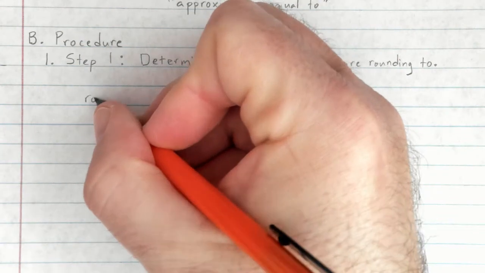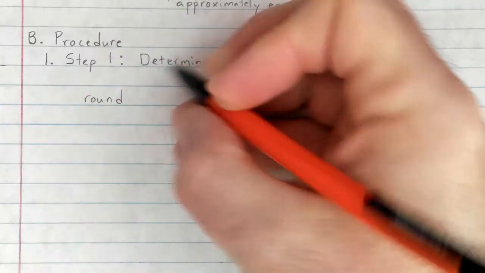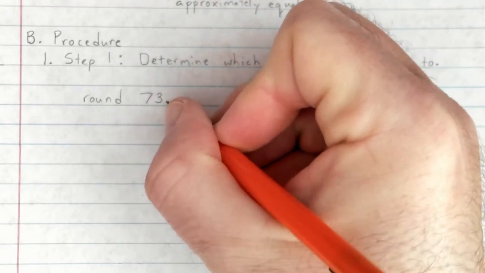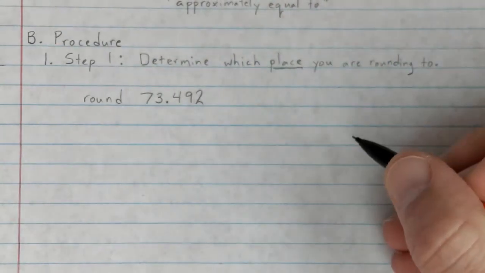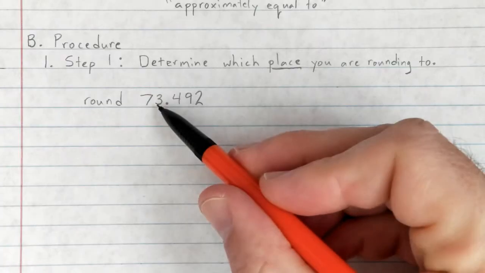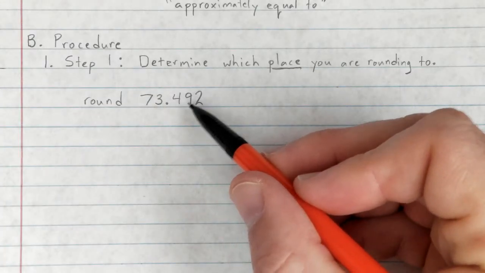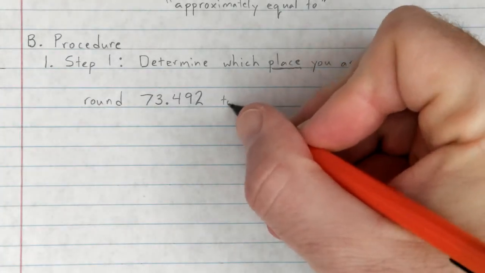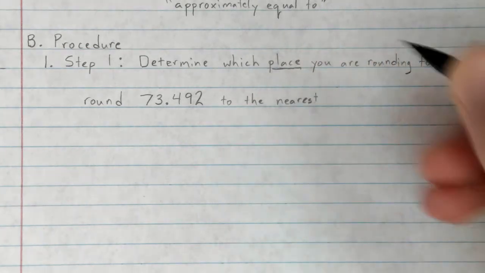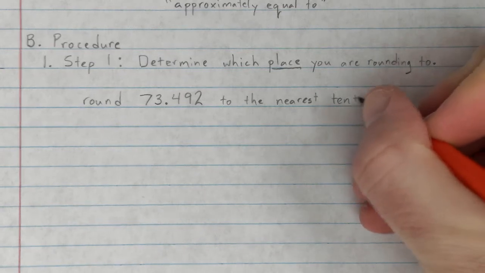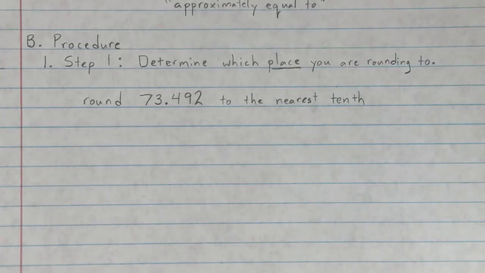Okay. So let's say that I am being asked to round 73 and 492 thousandths to the nearest tenth.